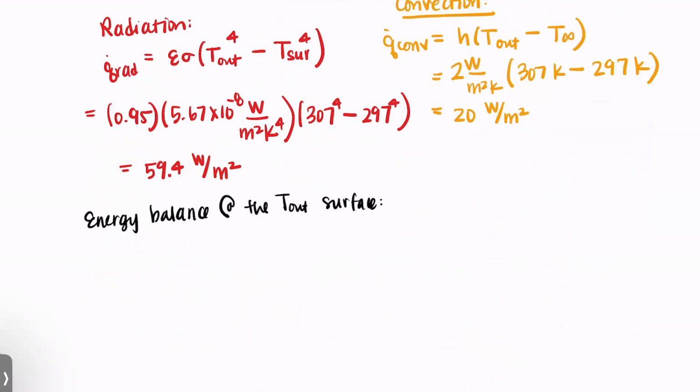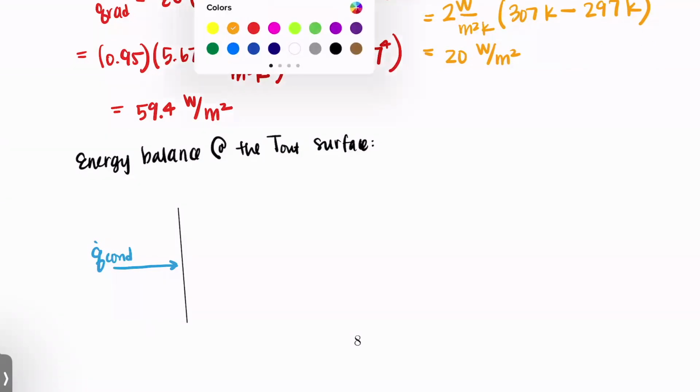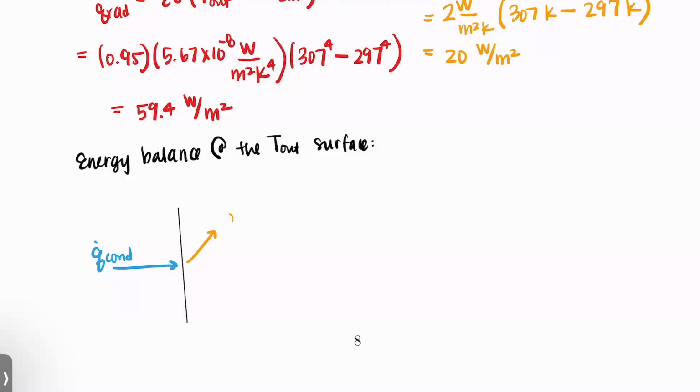Okay. So I'm going to just draw my surface as a straight line. We're going to assume it has no mass. All right. And so we have Q dot conduction coming into it. We have Q dot convection leaving and Q dot radiation leaving.